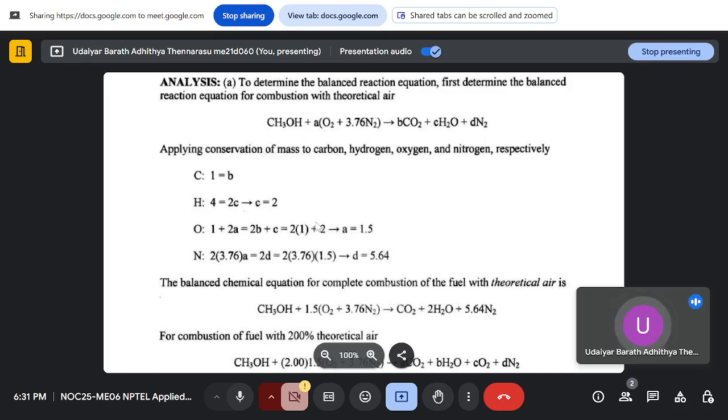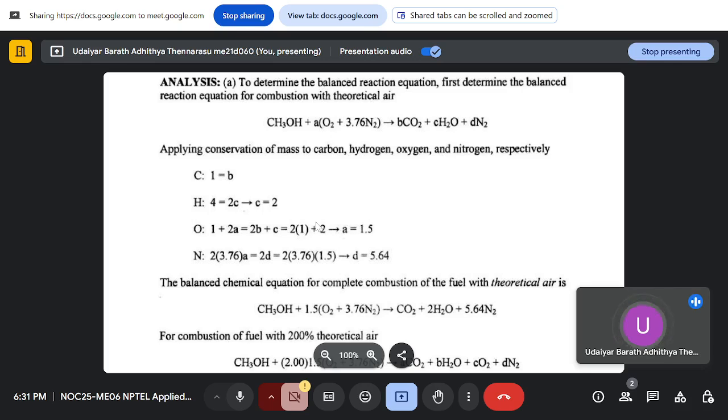So the balanced reaction for theoretical air is: 1 mole of methyl alcohol plus 1.5 moles of air, that is 1.5 into 4.76 moles of air, gives you 1 mole of CO2, 2 moles of water and 5.64 moles of nitrogen.